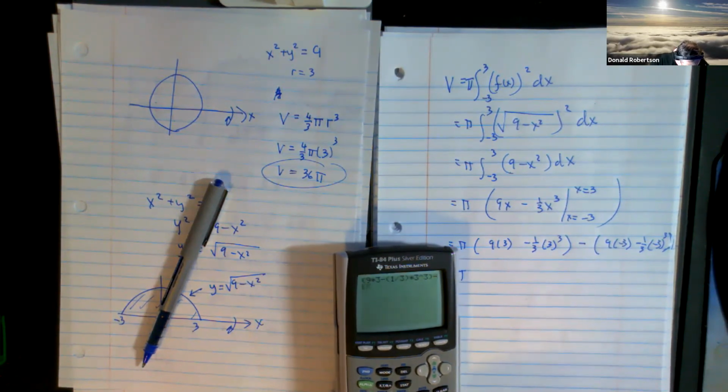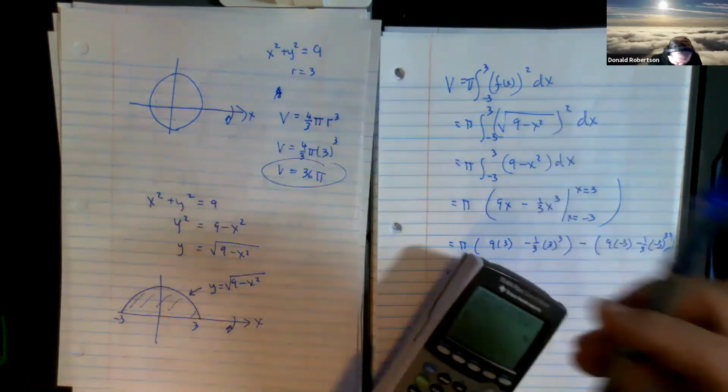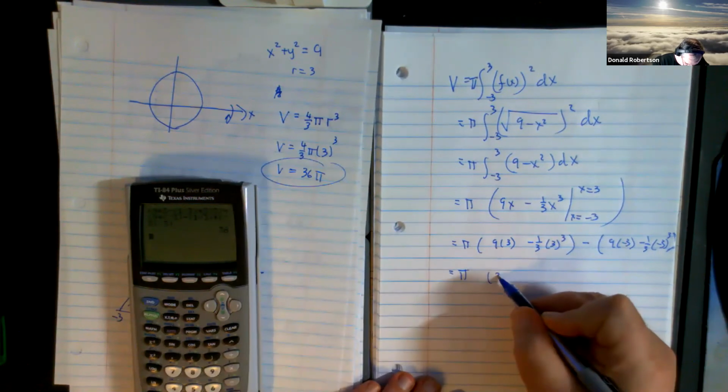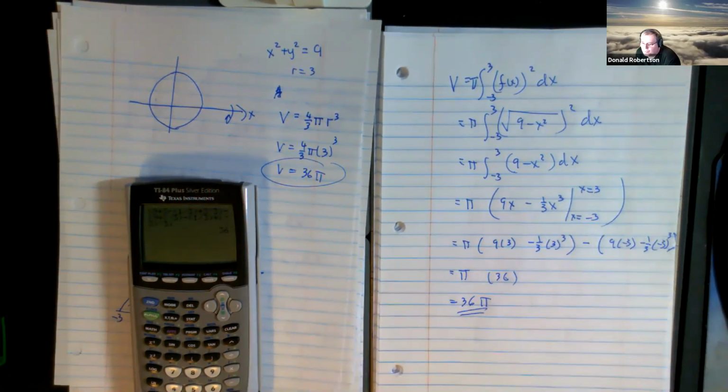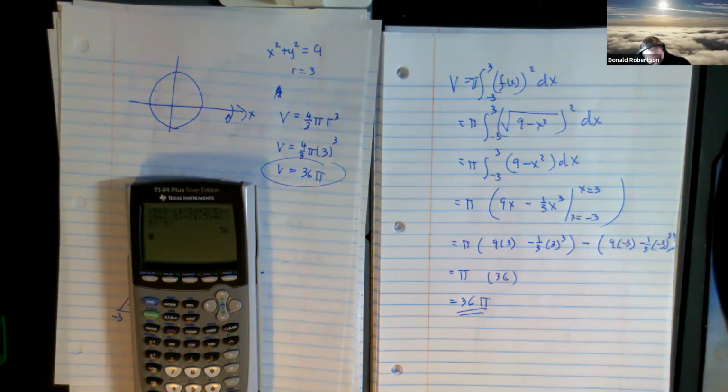Subtract 9 times negative 3, subtract 1/3 times negative 3 cubed, close brackets, 36. Bingo. We have just found the volume of that sphere.